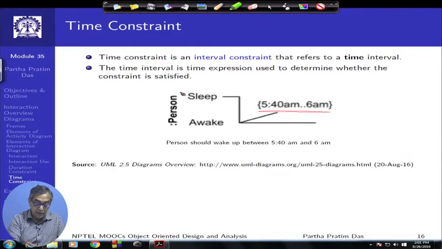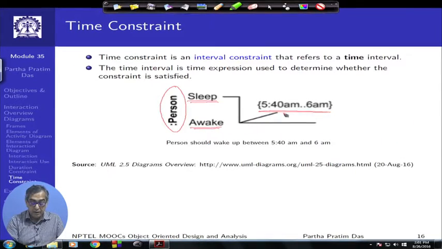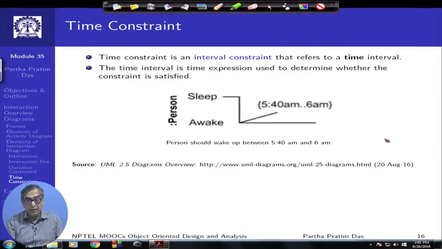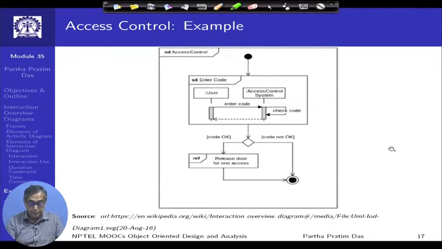Here I have a lifeline of a person, and the two states, sleep and awake, and I associate with the event of transition from sleep to awake a time of 5:40 a.m. to 6 a.m., which will mean that the person wakes up from sleep between 5:40 a.m. and 6 a.m. This is also an interval constraint, because it gives you an interval, but you are talking about a specific time in this case.